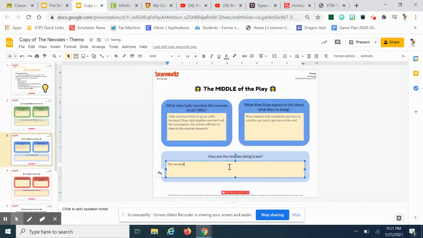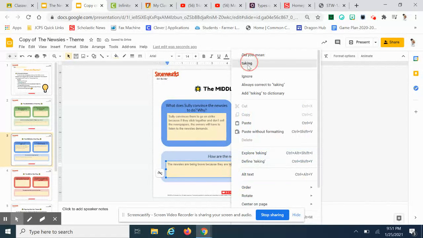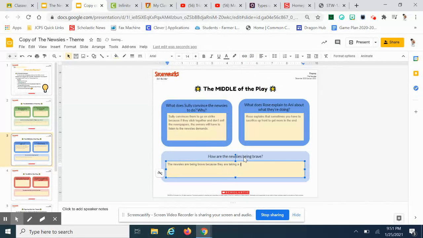The Newsies are being brave because they are taking a risk by giving up their earnings while they are on strike.